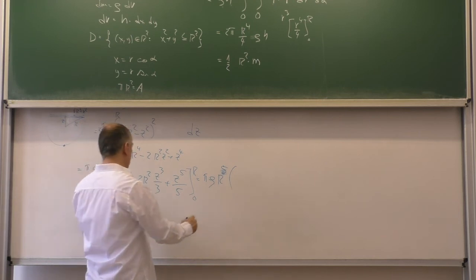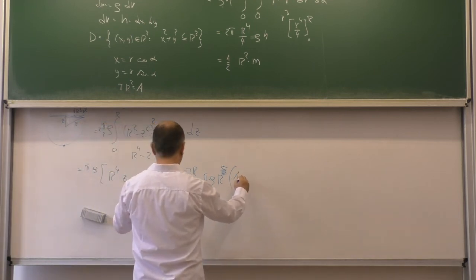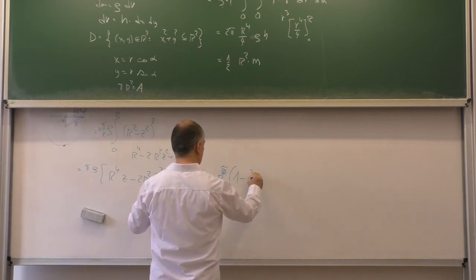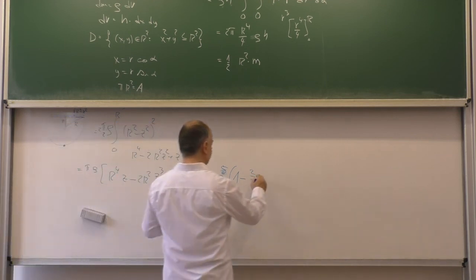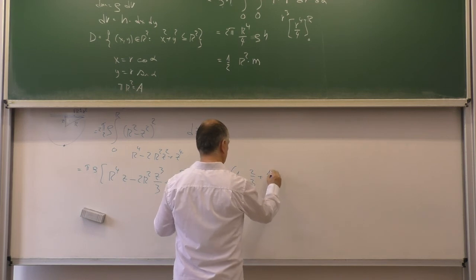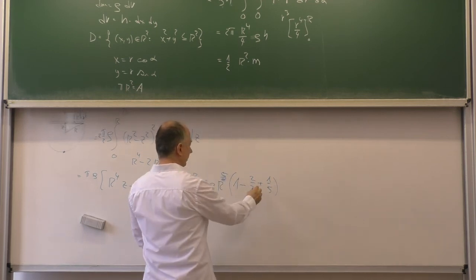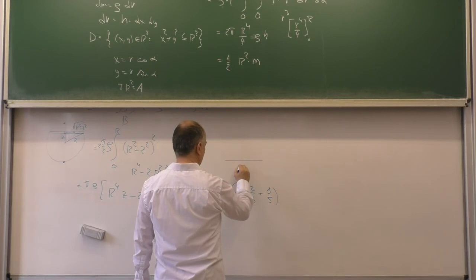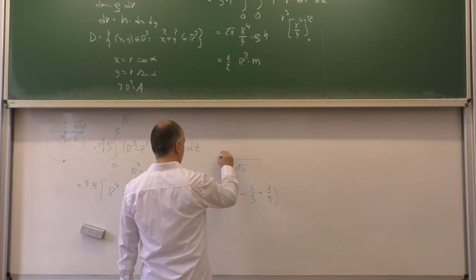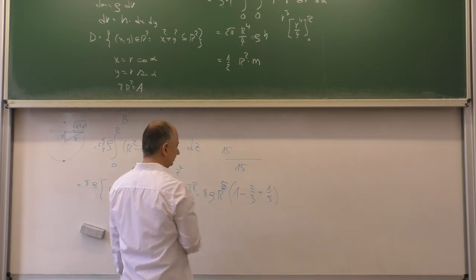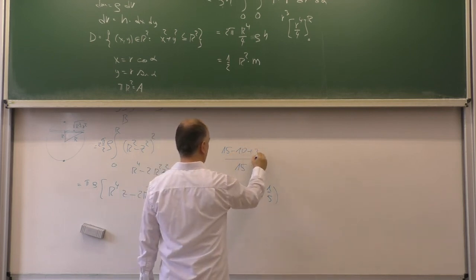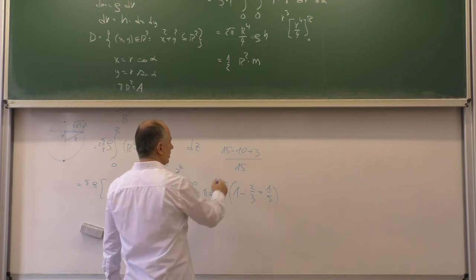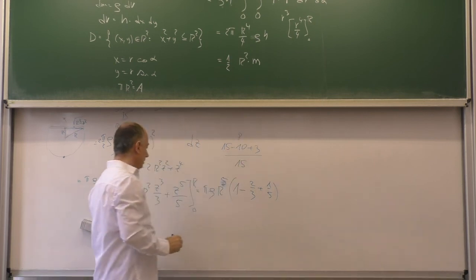And then we have 1 minus 2/3 plus 1/5. If we bring these three terms to a common denominator, this will be 15, and we have 15 minus 10 plus 3, which is 8 over 15.